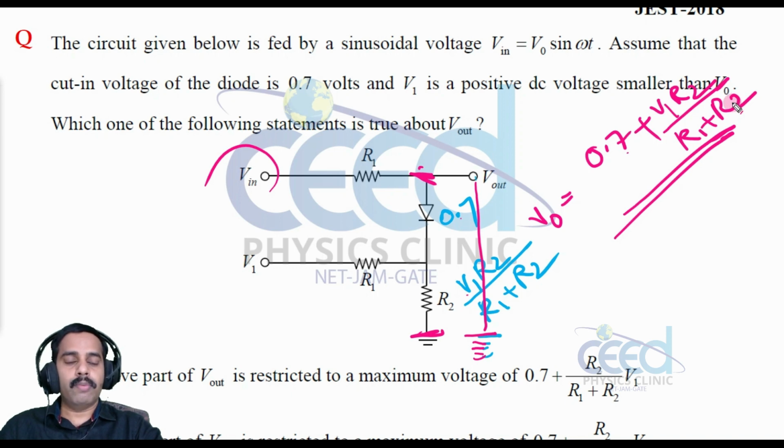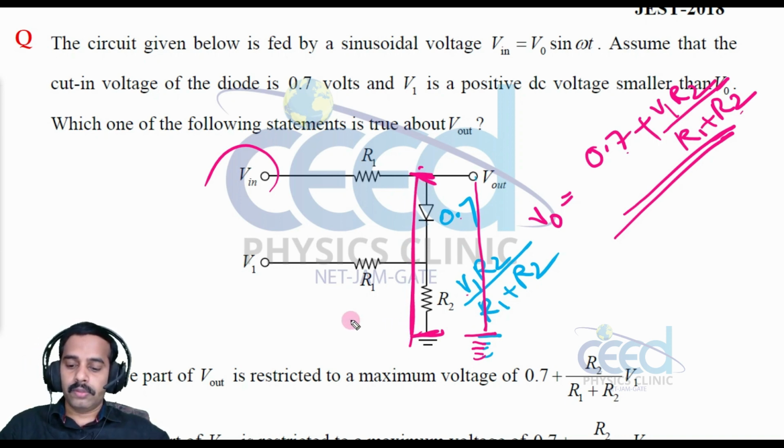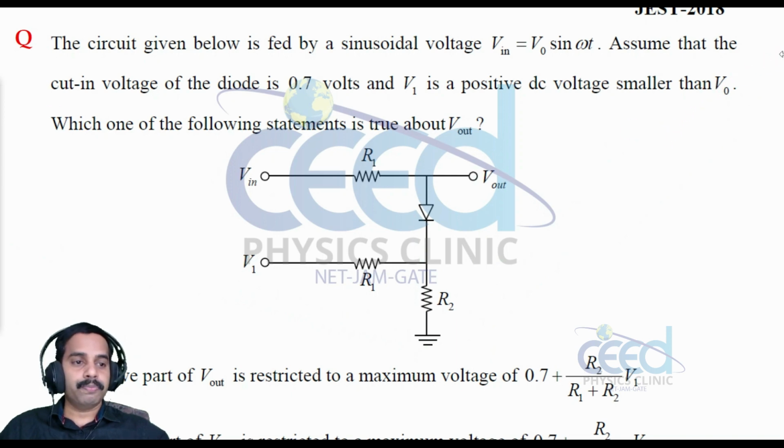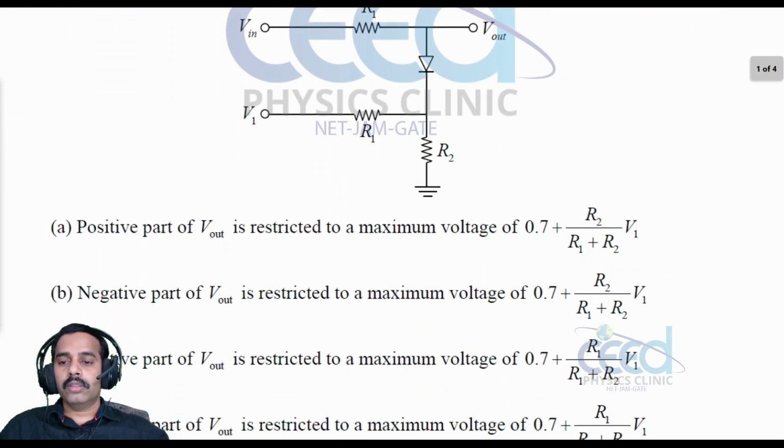We can't have a value above this because the output is connected parallel to this. So option A itself is correct, because the positive part of Vout is restricted to a maximum voltage of 0.7 plus R2 by R1 plus R2 times V1.